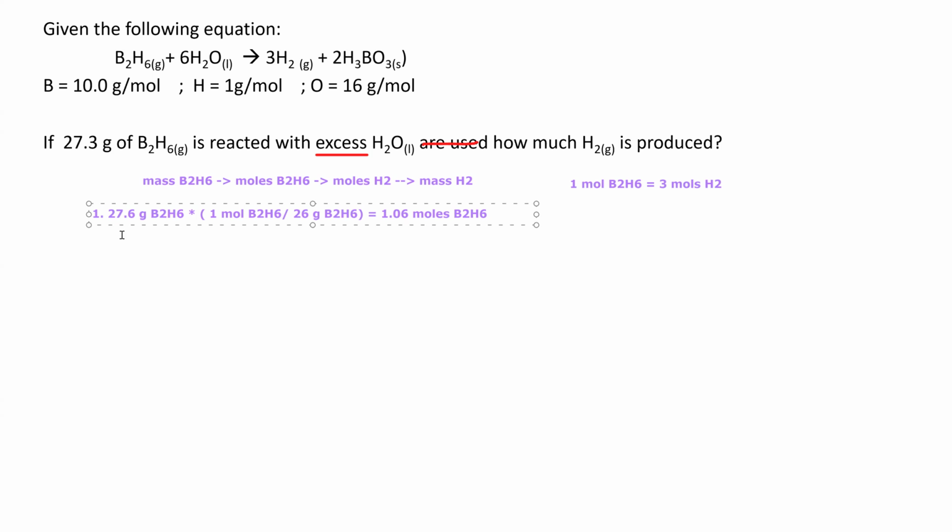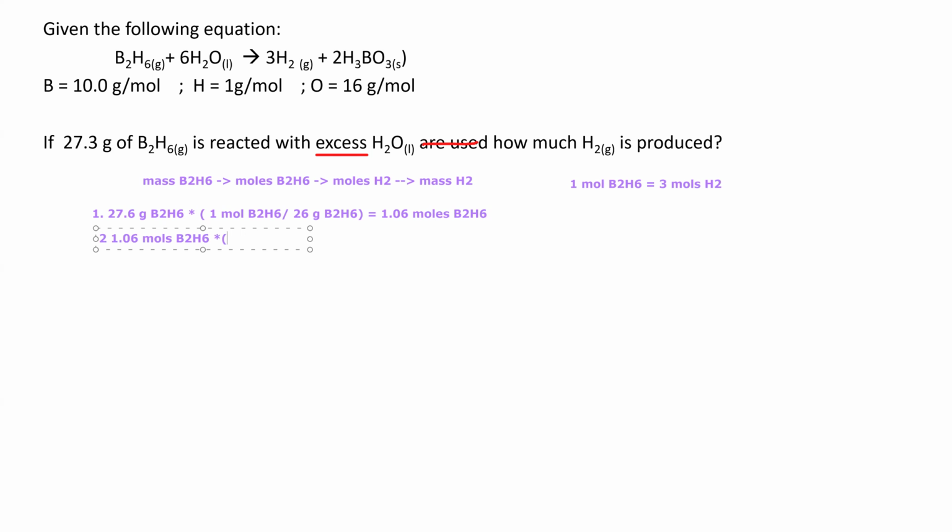Now in step 2, we're going to take the moles of B2H6 and convert it to moles of product. And so if we look at our mole ratio, it's 1 mole of B2H6, 3 moles of H2.